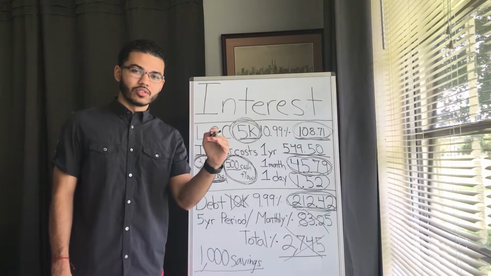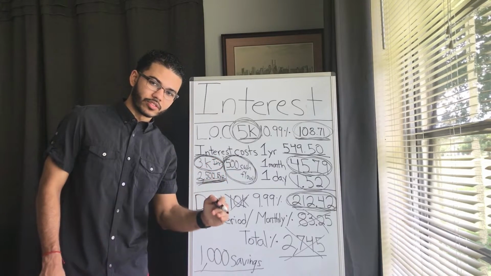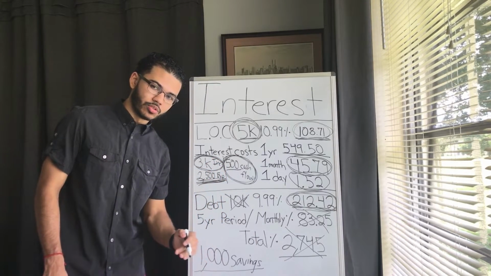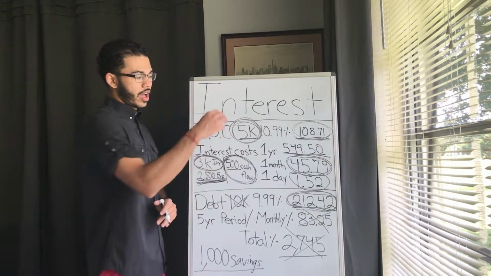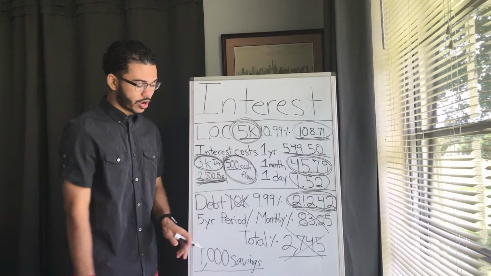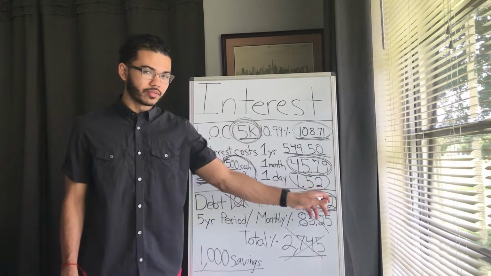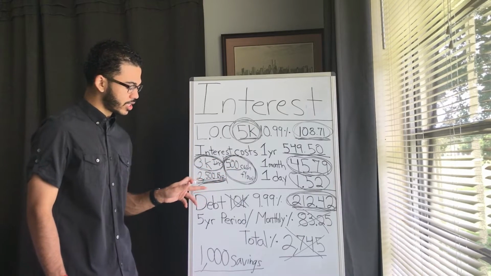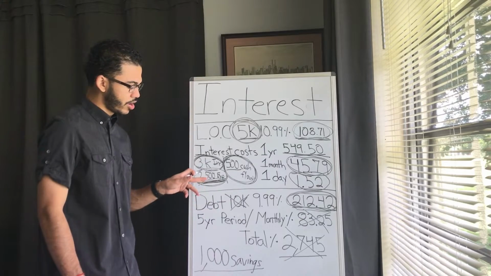Month 2, 4,000. Month 3, 3,500. 3,000. 2,500. As this is occurring, guess what? You're also paying this $212. It's part of your expenses anyway.